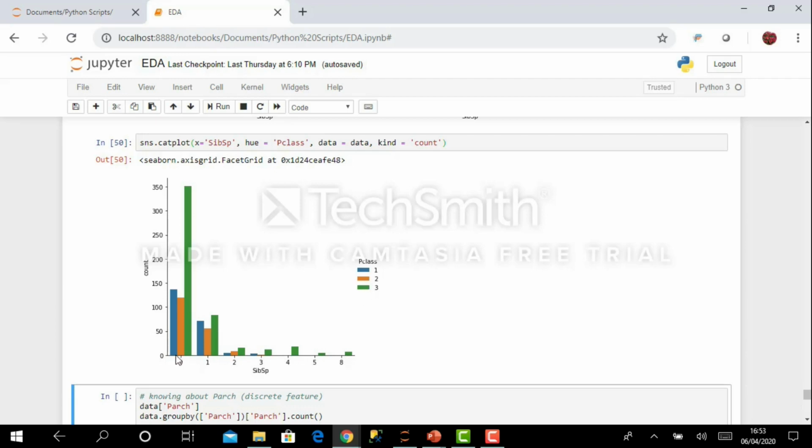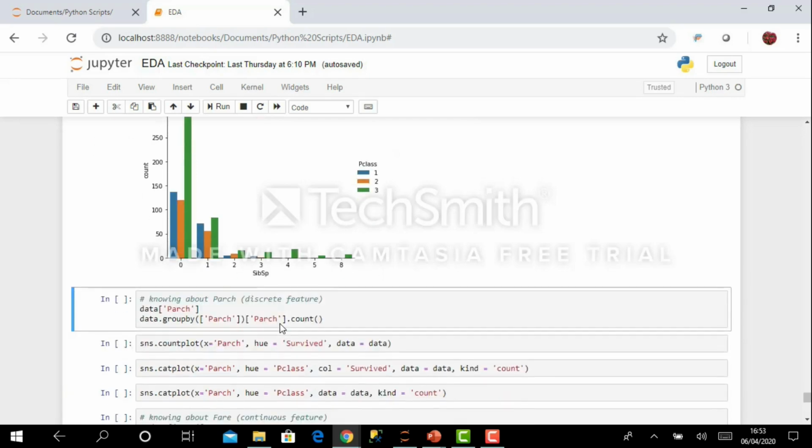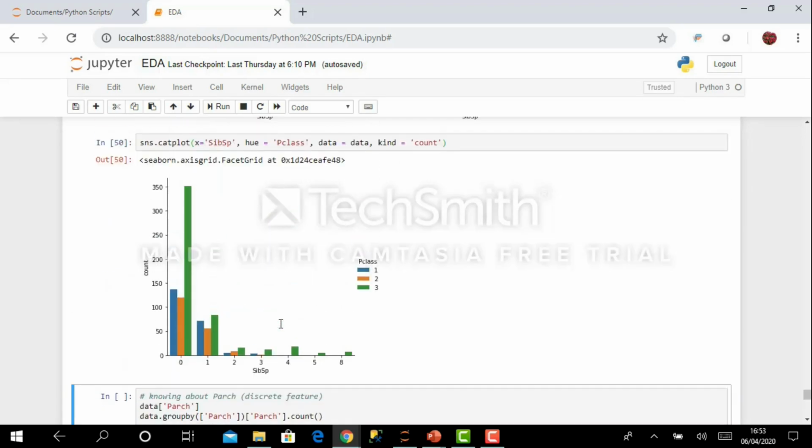For first class and second class passengers most of them have 0 or 1 siblings, and very few have 2 or 3 siblings. Okay, so I have an understanding about the data and the relationships between different features. Okay, so you have some idea.